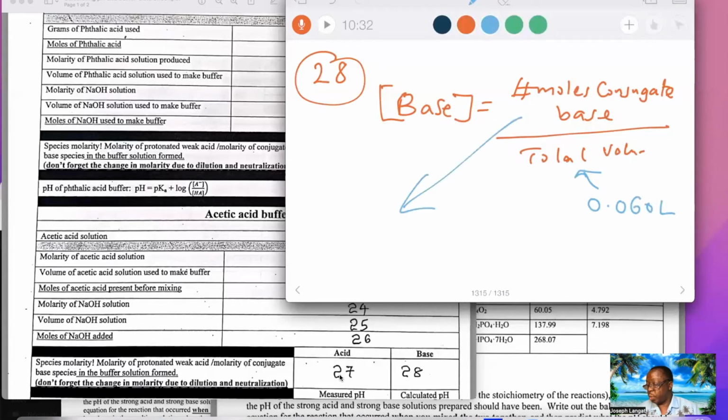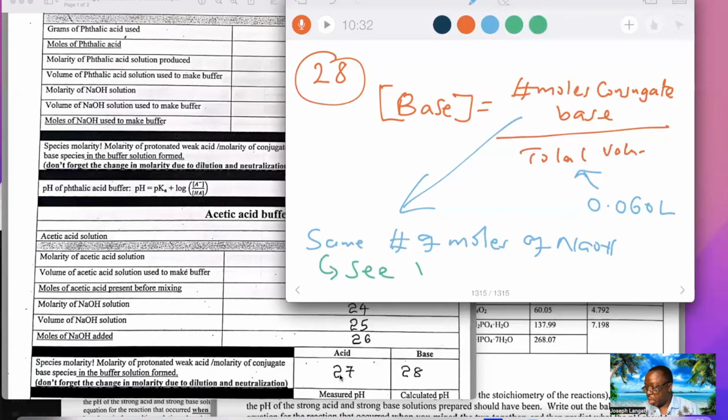The top part is the same as the number of moles of NaOH, which is line 26.